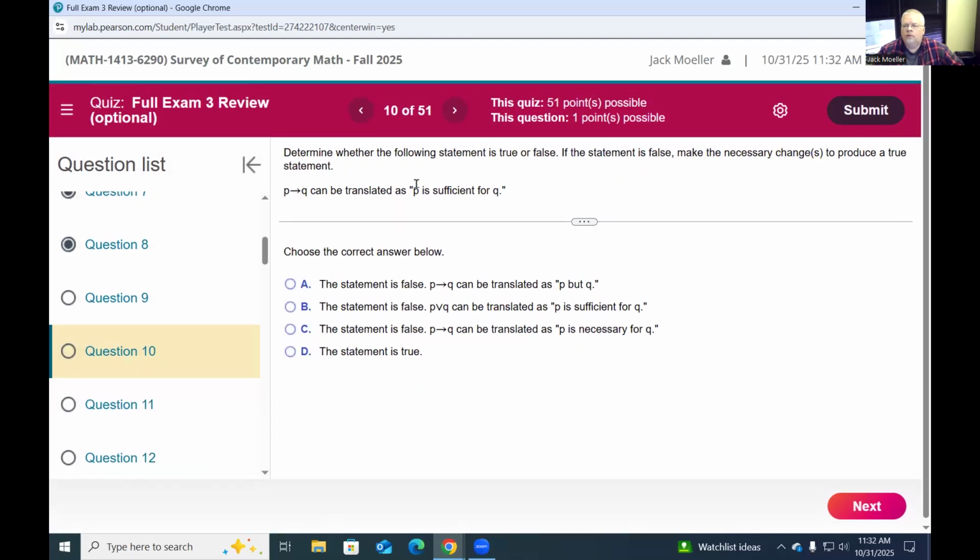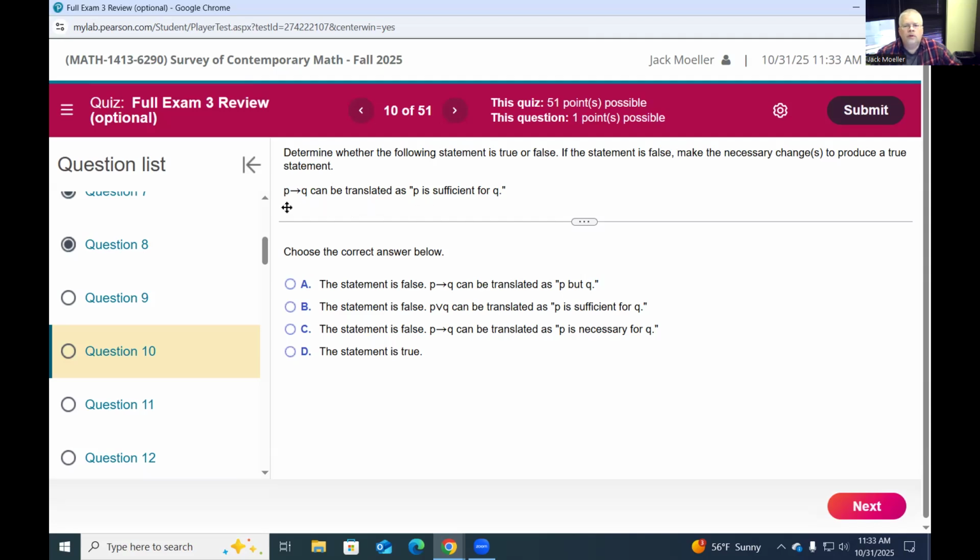Determine whether the following statement is true or false. If it's false, make necessary changes to produce a true statement. So one, you have to know how to read this. P arrow Q is if P, then Q, and can be translated as P is sufficient for Q. This is one of those basic definitions. We don't use sufficient and necessary a lot, but the example I used in the notes is that if you're taking this class, then you're a Carl Albert student.